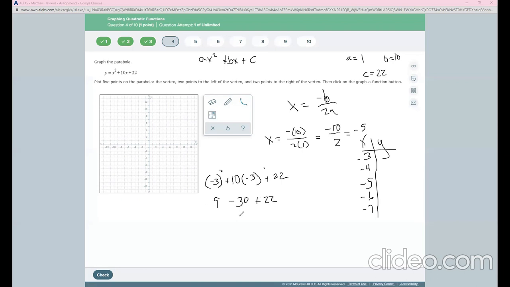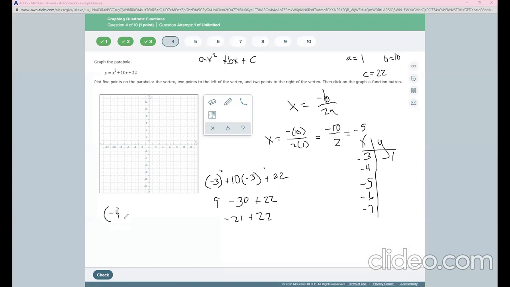So I can work this in any way I want. I can do 9 minus 30, which is negative 21, plus 22. Negative 21 plus 22 is positive 1, because you could always flip this around and do 22 minus 21. So that just gives us 1. So that's what we get when we plugged in negative 3. Let's do negative 4. So negative 4 would go in.